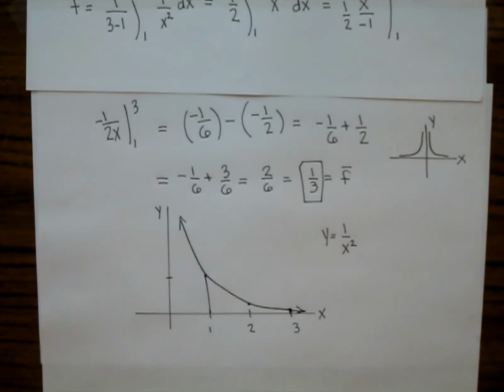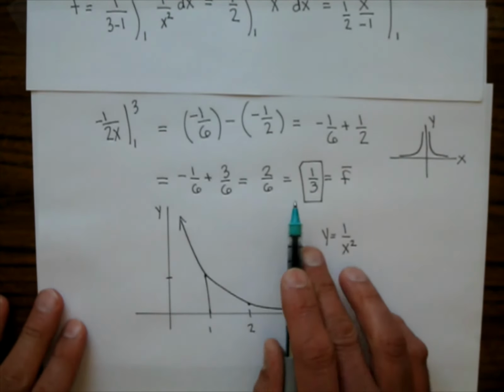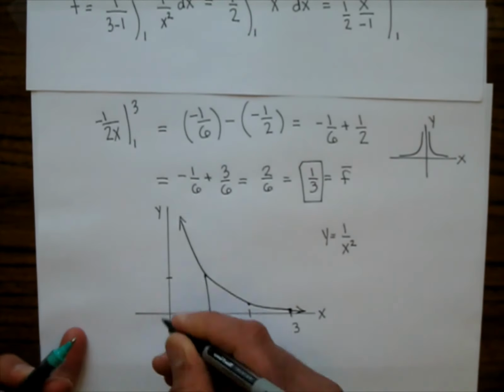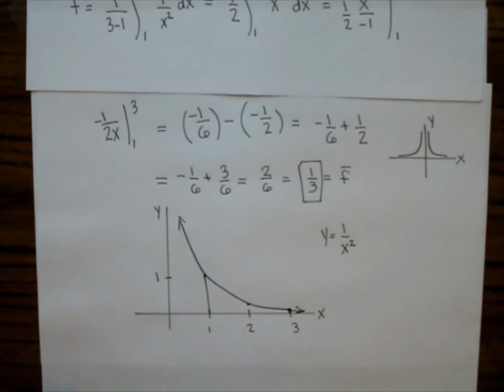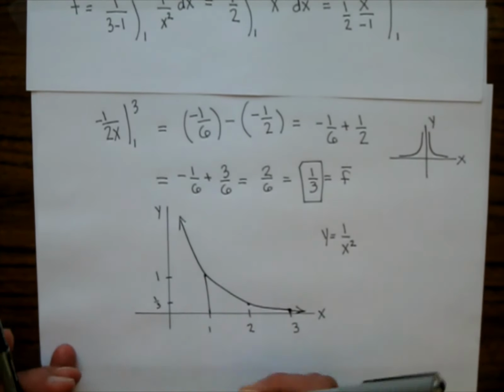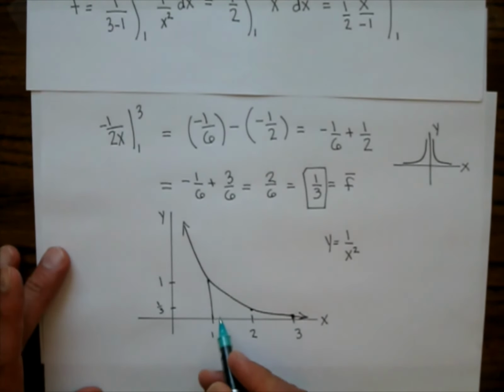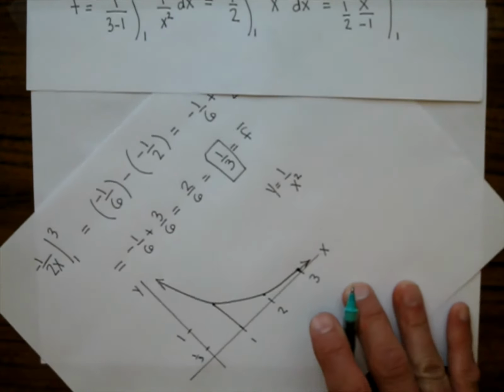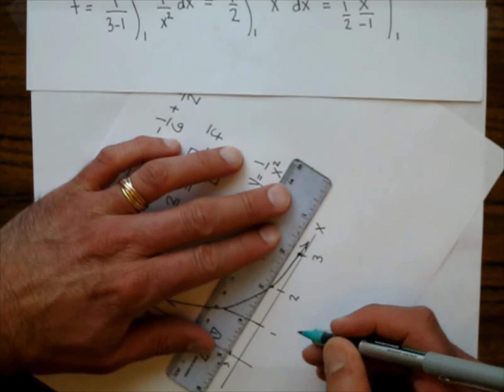So what am I doing? The average velocity is 1/3. So here is 1, and I'm going to go ahead and draw the rectangle. Here is 1/3. And what I'm going to do is use the ruler again.